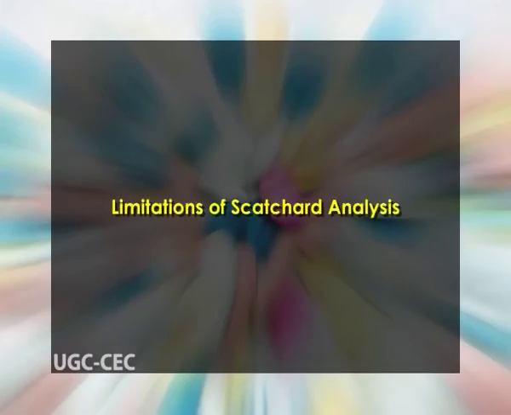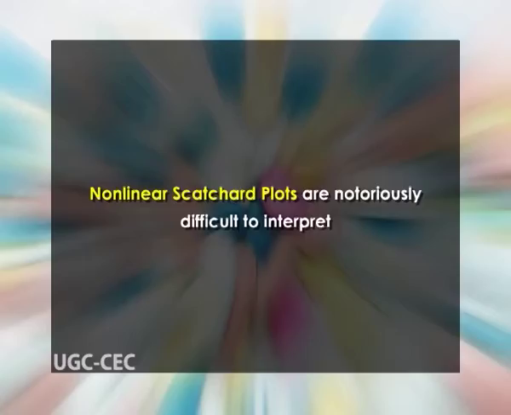Now, coming to the limitations of Scatchard analysis. First is that R and R divided by L both contain experimental errors. Hence, calculating the slope and intercept of a linear Scatchard plot by simple least squares is not statistically valid. In addition, non-linear Scatchard plots are notoriously difficult to interpret.